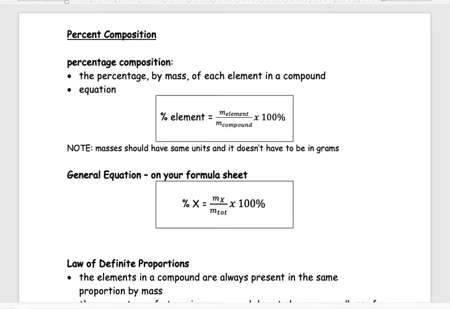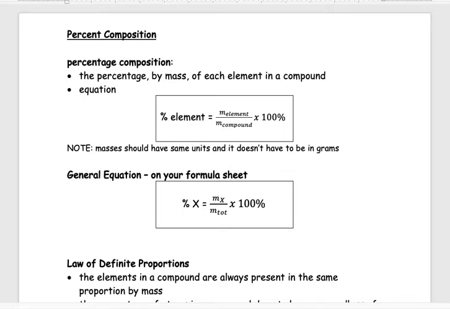If you're finding the percent composition of a compound, you're going to analyze the elements in that compound and tell me what percent of the whole compound each element takes up. You'll do this by comparing the mass.